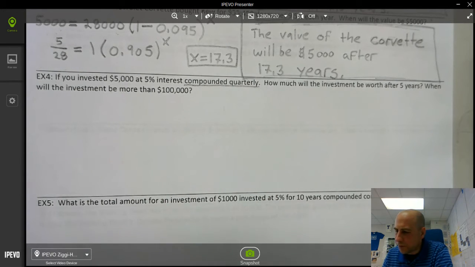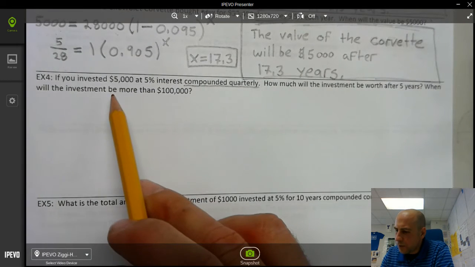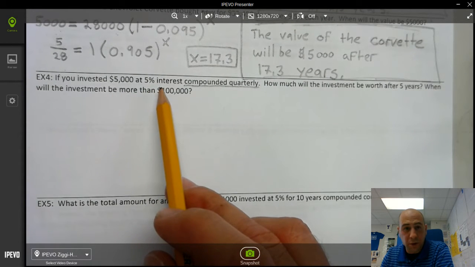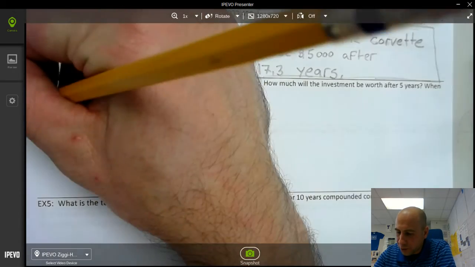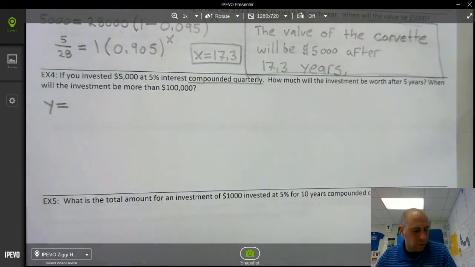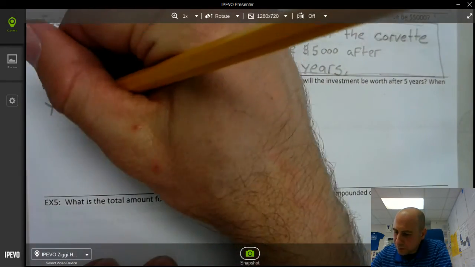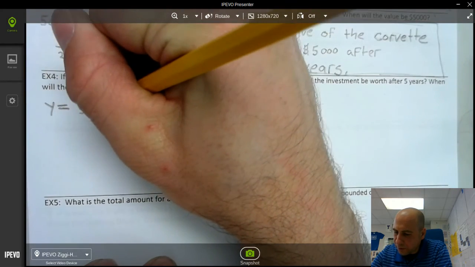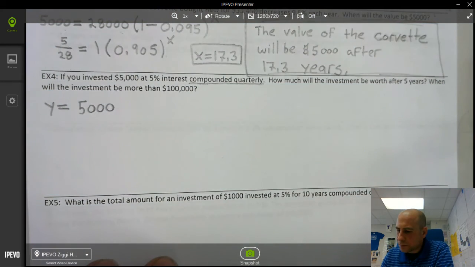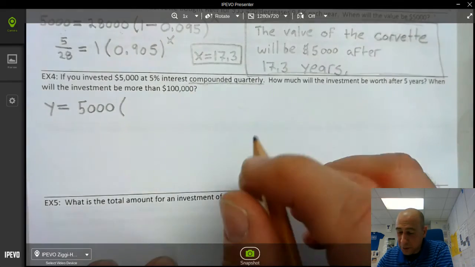So let's see, do we have the final amount. If you invested $5,000, so we know the initial, we don't know the final, so that's y equals the initial investment amount, $5,000, at a rate of 5%. So that's now 5% as a decimal, 0.05.